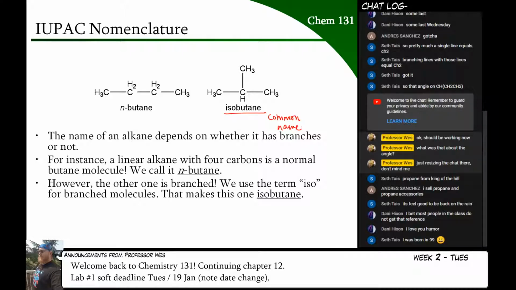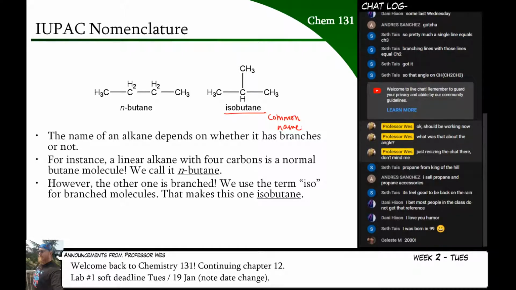So, don't worry about the name isobutane here. This statement right here is kind of misleading because this is for a common name.